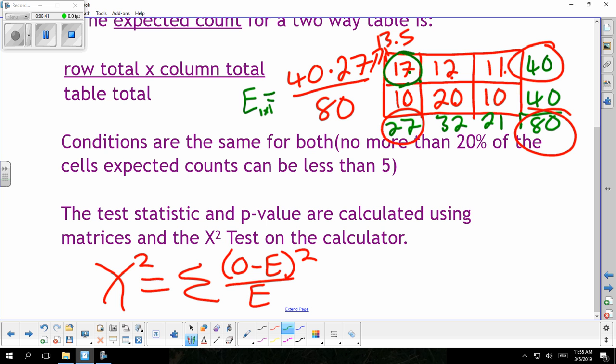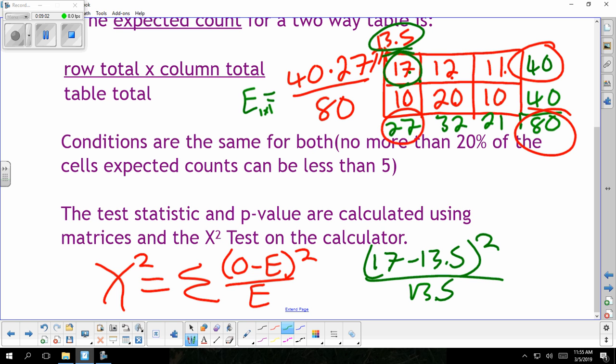So we can calculate that contribution, for example, right? The contribution for that first part would be 17 minus 13.5 squared divided by 13.5, right? Because that's the expected count that we calculated there.